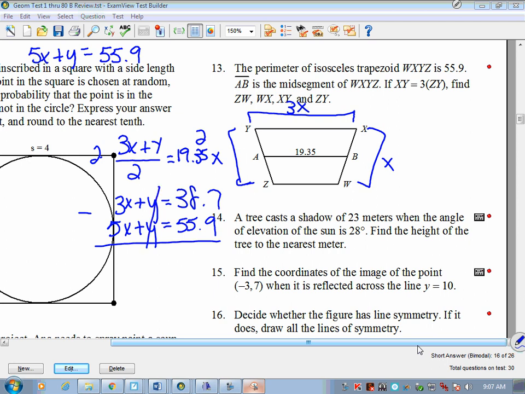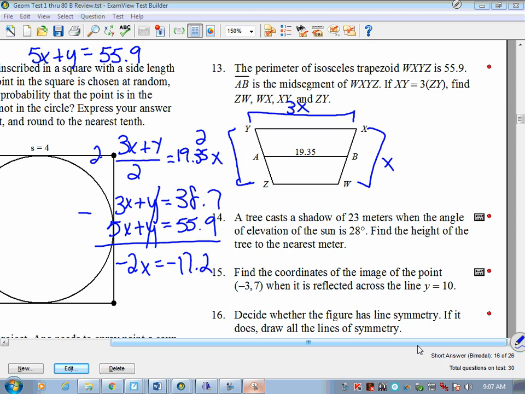What's this going to end up solving for me? The value of x, right? Because what's 3x minus 5x? Negative 2x. Now that might scare you, but what's 38.7 minus 55.9? Negative 17.2.